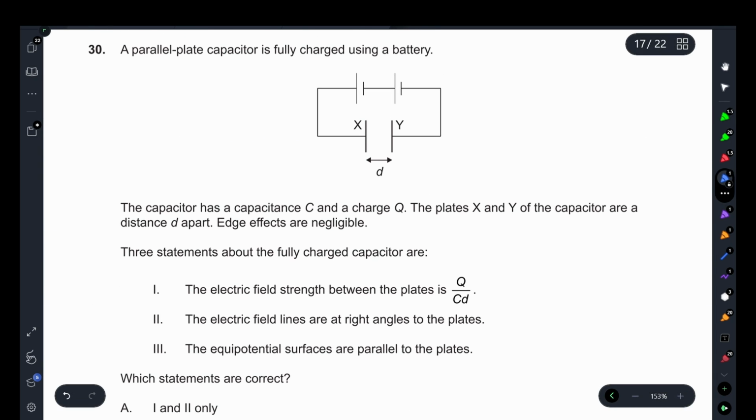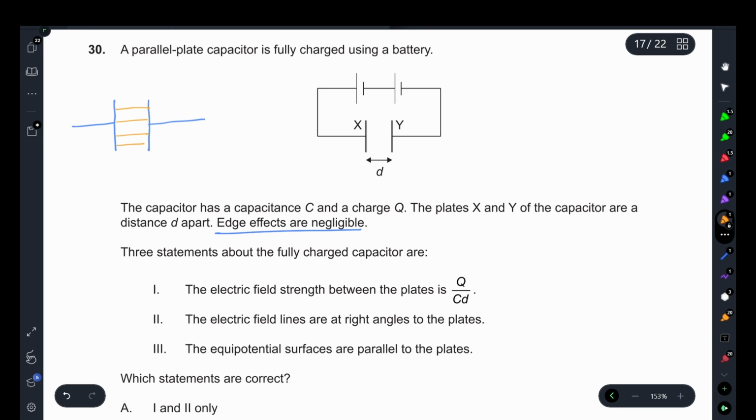So in this question, we're considering a capacitor in which the edge effects are negligible, and we're asked three things about it, and we have to find out which are true and which are not. For a capacitor, the field lines within it are perpendicular to these surfaces, so they're like this.